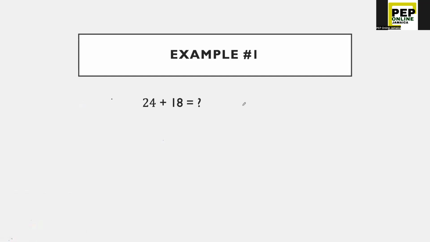So let's go. We're adding 24 and 18. We're lining it up accordingly, our tens and our ones, and we're adding.